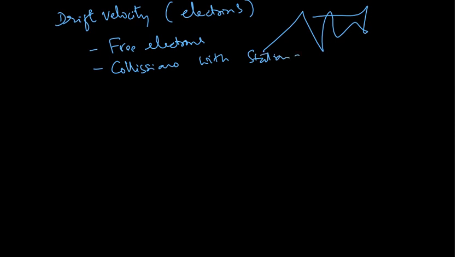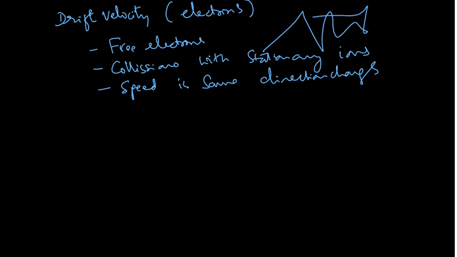The ions are stationary. So the speed is the same, but the direction changes. The electron's direction changes. Let us suppose the electric field is in this direction.